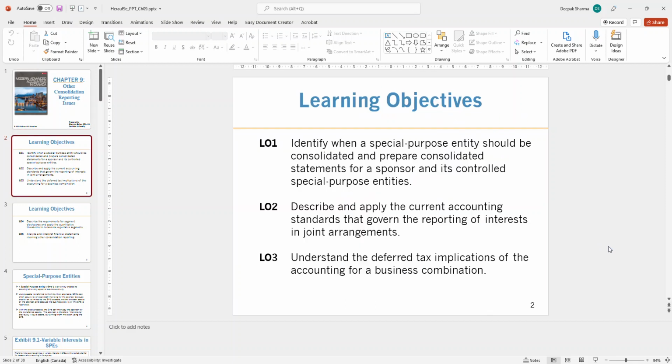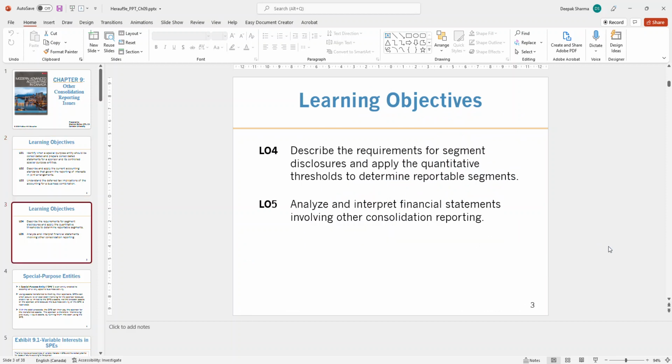Here are some of the learning objectives that we are going to go through. We are going to look at the implications of a special entity. We will look at the implications of joint ventures, and then we will understand deferred income taxes. We talked about income taxes as we were going through, and how it works at the time of the business combination and thereafter.